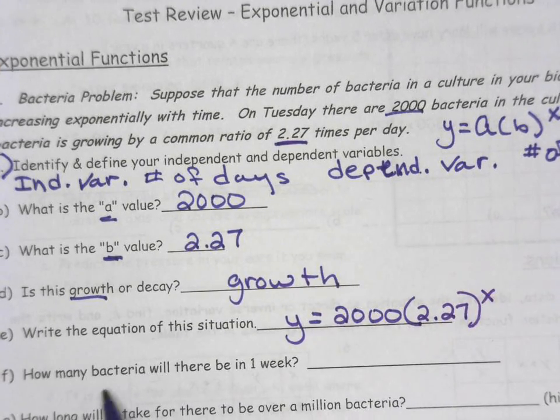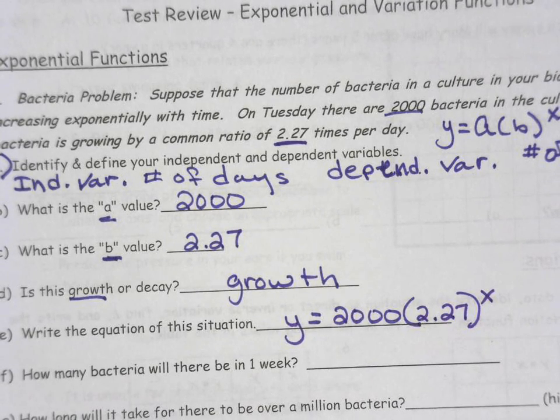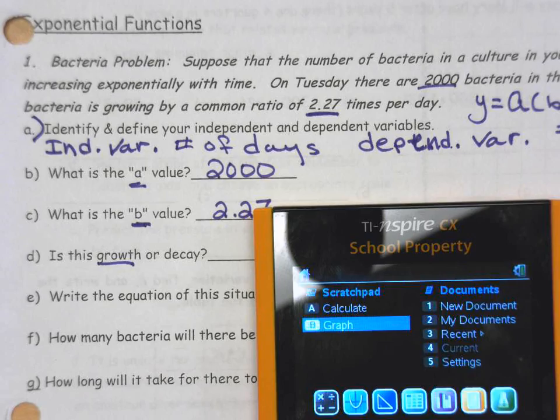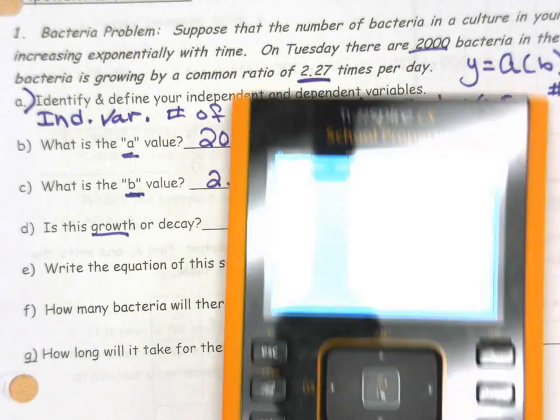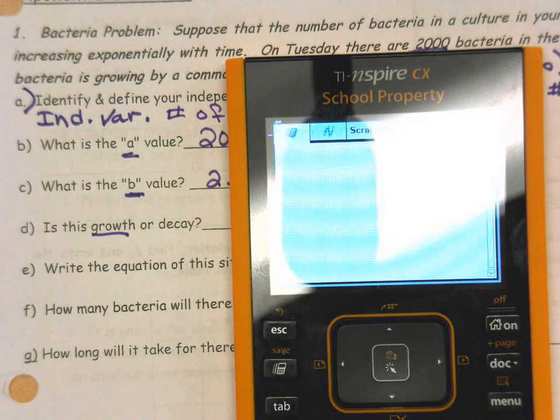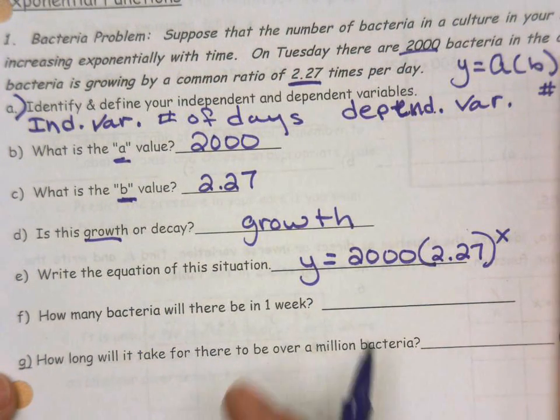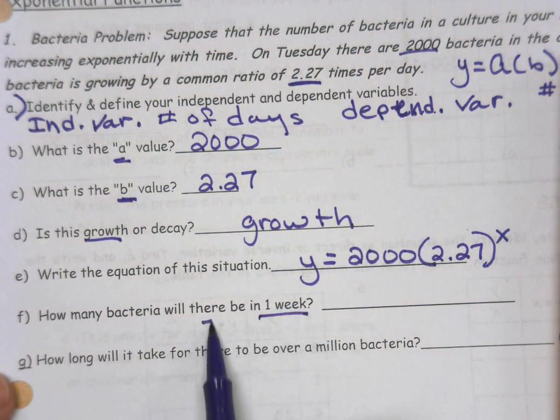How many bacteria would there be in 1 week? And we can use a calculator for that. Okay, so I am going to toggle to the graph, or just the scratch pad, and I'm going to put in 2,000, parentheses, 2.27, in parentheses, and this is going to be raised to the 7th power because this says 1 week, and in 1 week there are 7 days.